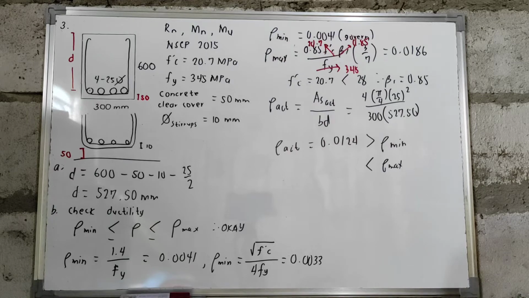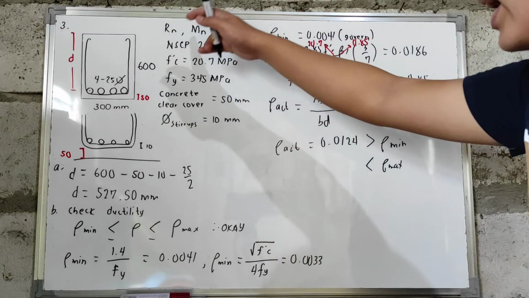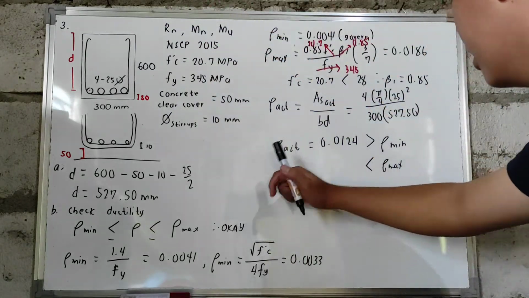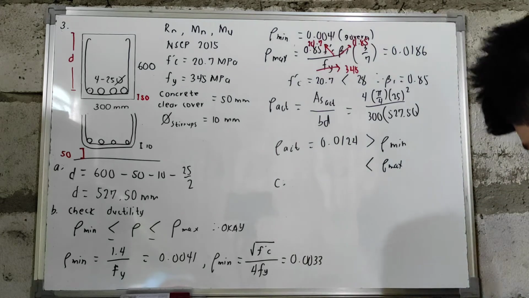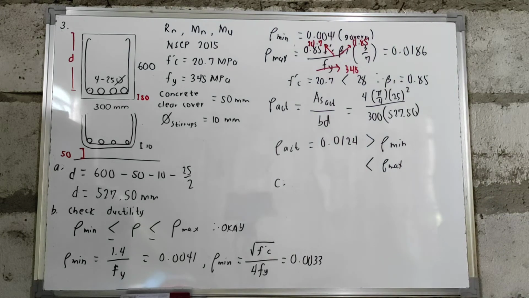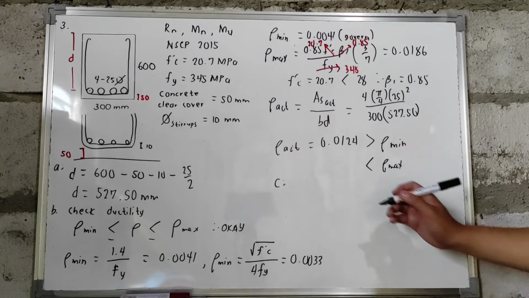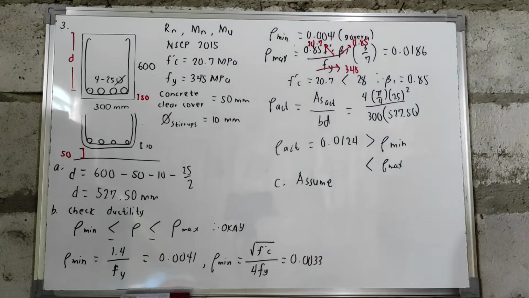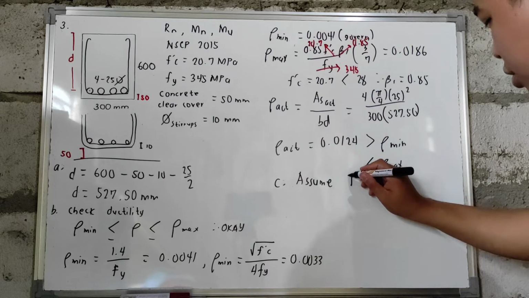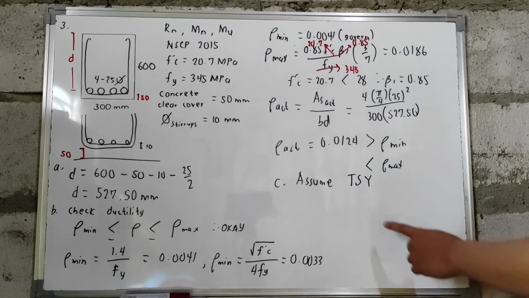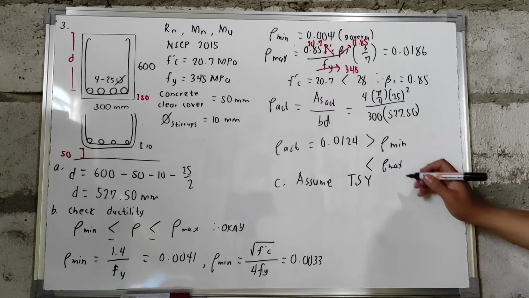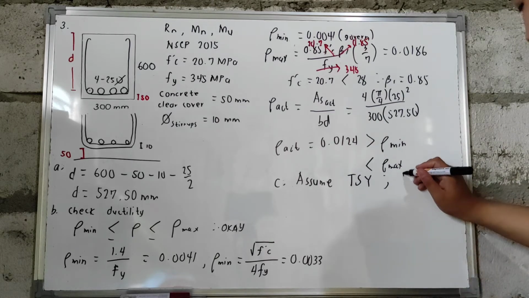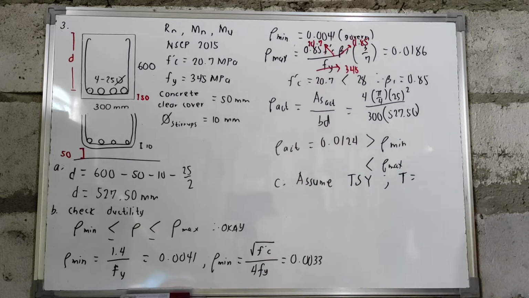So next, let us now compute for the value of your Rn, Mn, at saka Mu naman. So paano natin yan ginagawa? So una is, we are going to begin with an assumption. Assume muna. So lagi tayong nagbibigin with an assumption na tension steel yields. So, kapag tension steel yields tayo, so remember the formula for T, diba?